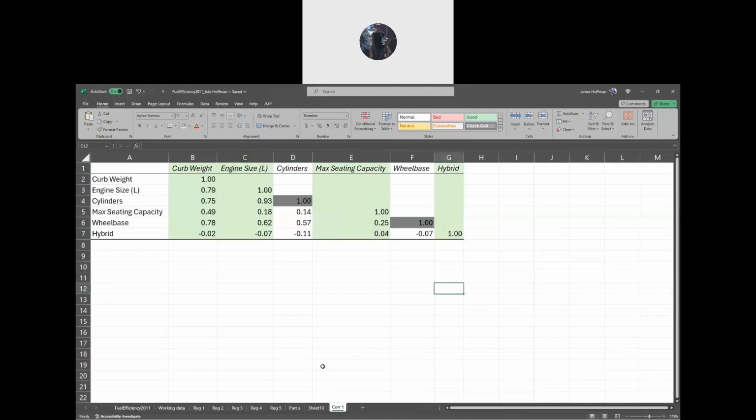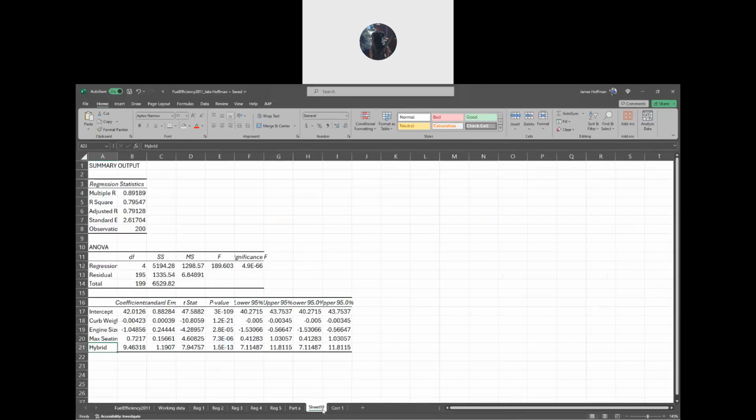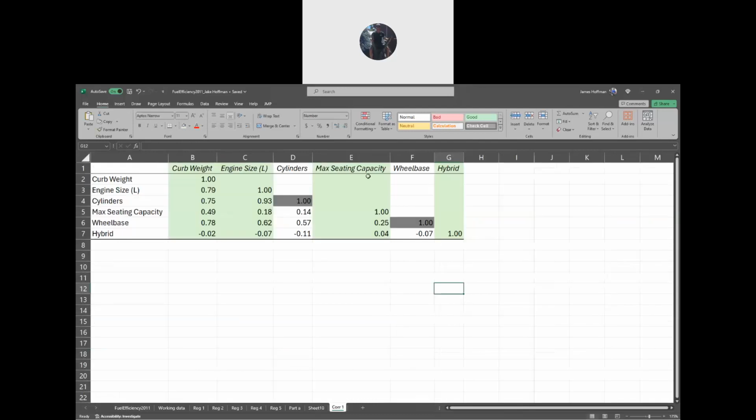Because we took out wheelbase and cylinders, correct? Now we have another issue? No, we don't. That was good. Yeah. Okay, so good point.